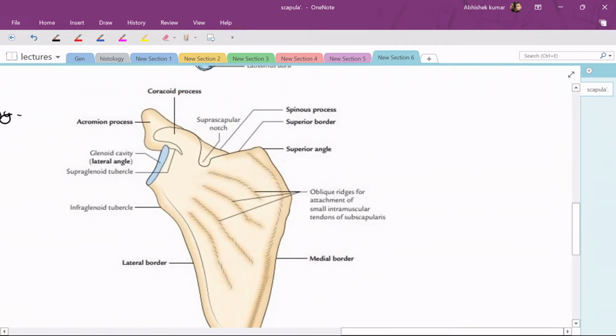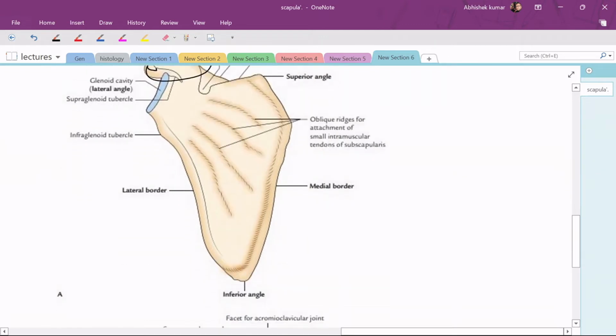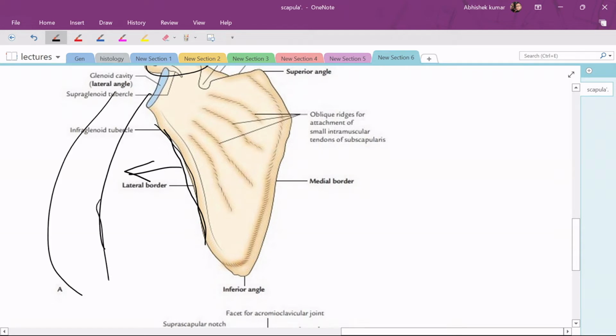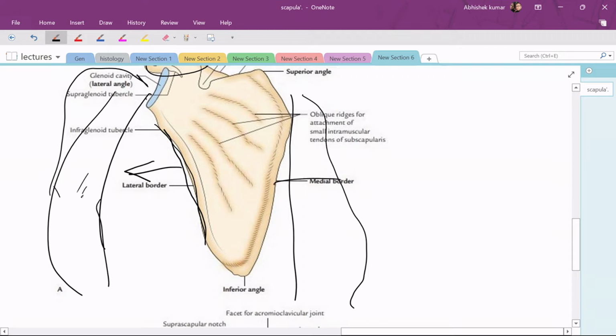So as you can see, this is the coracoid process here, and this is the acromion process. Okay, this is the lateral border. That means this should be in the position of humerus. So humerus will be like this. Okay, so here will be humerus and here will be your sternum. Right, so this is the medial border and this is the lateral border.